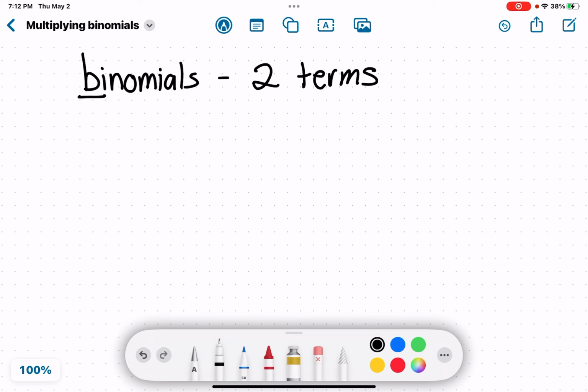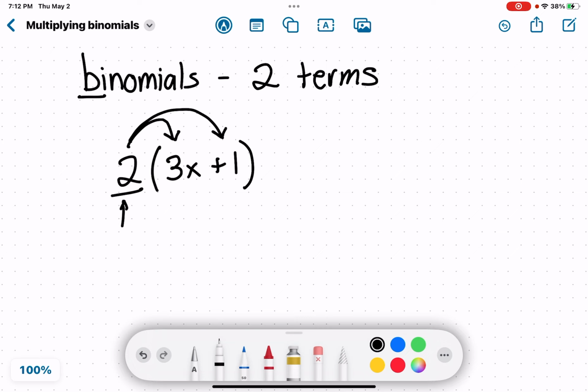So we know how to multiply one term by two terms. For example, we know how to do 2 times 3x plus 1. That's easy. With the distributive property, shouldn't be a problem. 2 is our monomial in this case, and 3x plus 1 is our binomial.